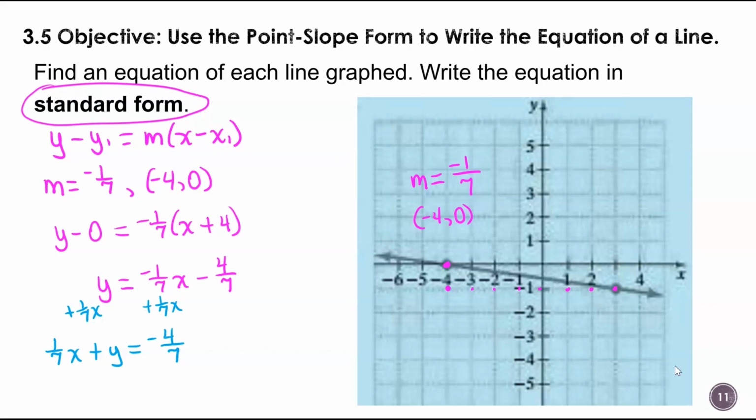The x is positive, so we're good with that. We clear the fraction by multiplying through by 7. So in standard form, this will simply be x plus 7y equals -4. And then it's written in the form that it's supposed to be.